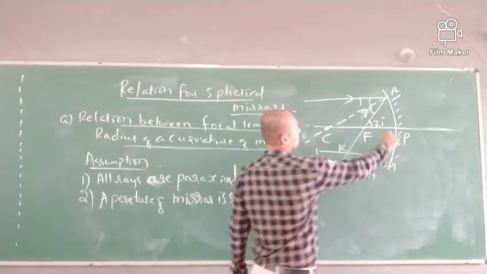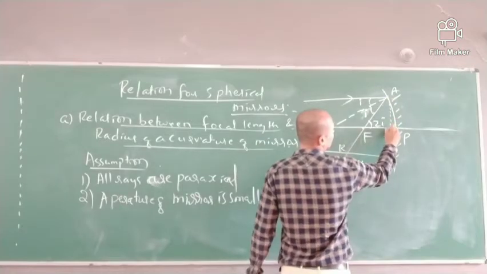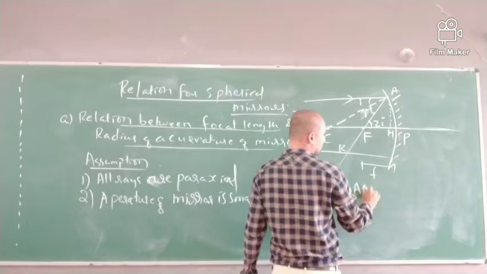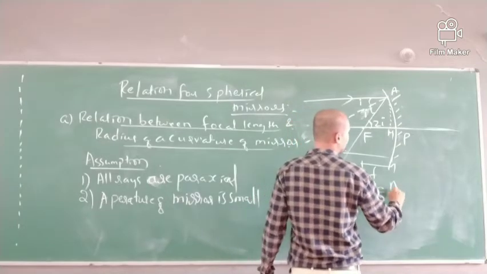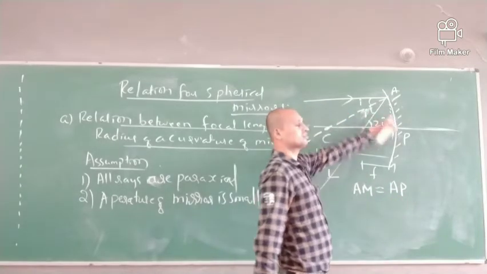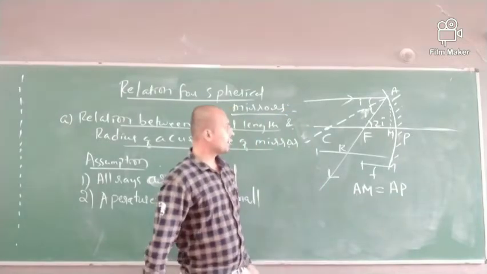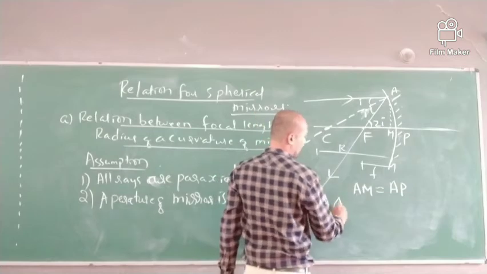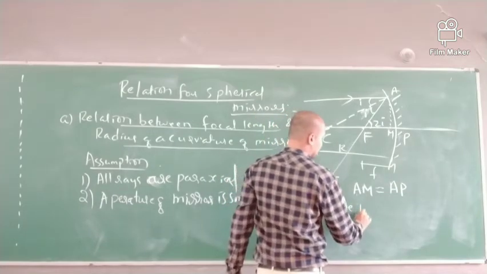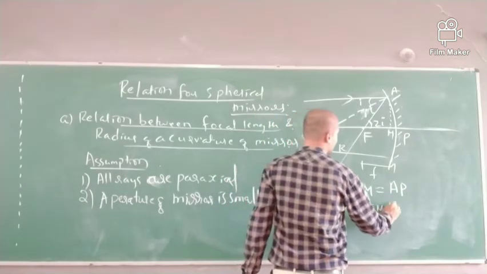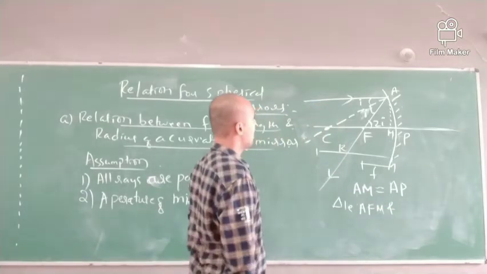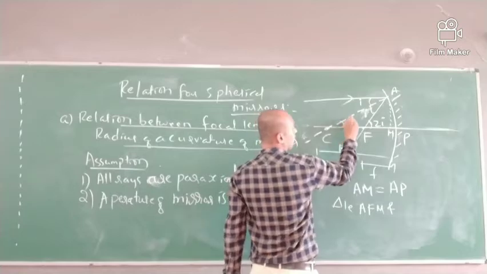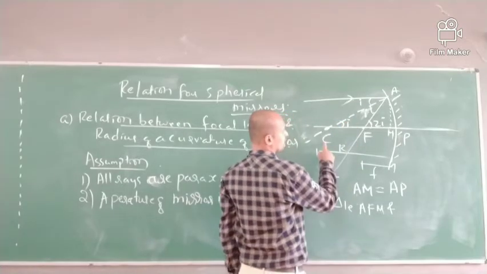From the triangle, I will assume here this as M, such that first AM is nearly equal to AP because the aperture is small. This is the first assumption. From triangle AFM, and if this is angle I, this also becomes I.